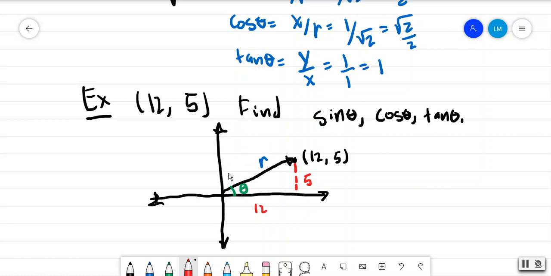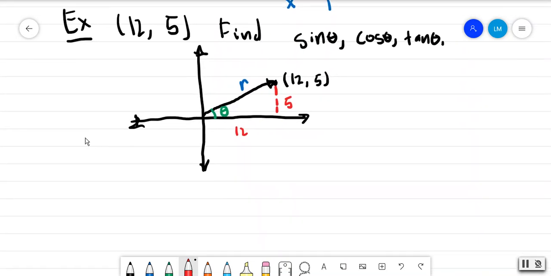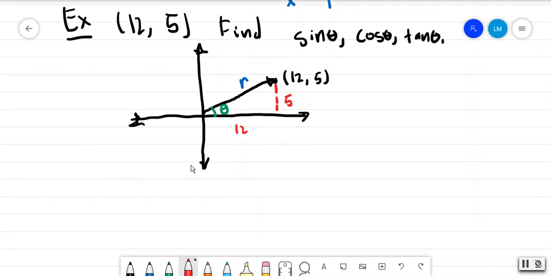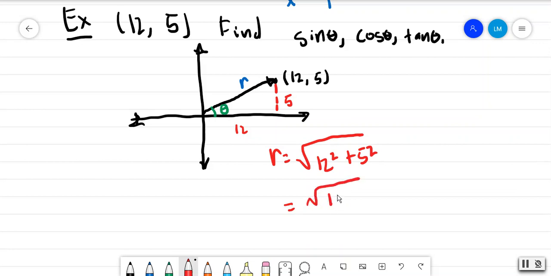So what that means is that we can go ahead and finish this by saying that r is equal to the square root of 12 squared plus 5 squared, which, well, we kind of already did this problem actually. This is going to be the square root of 144 plus 25, which is equal to 169, which tells you that r is equal to 13.